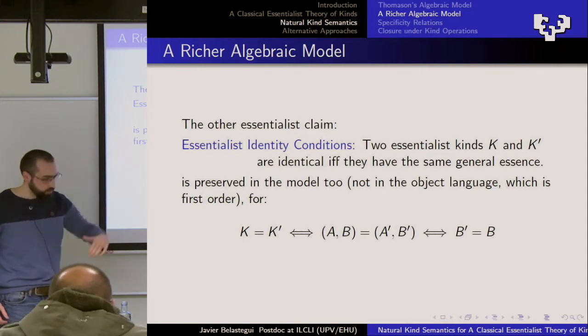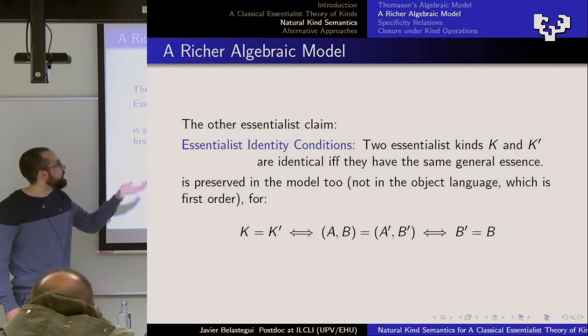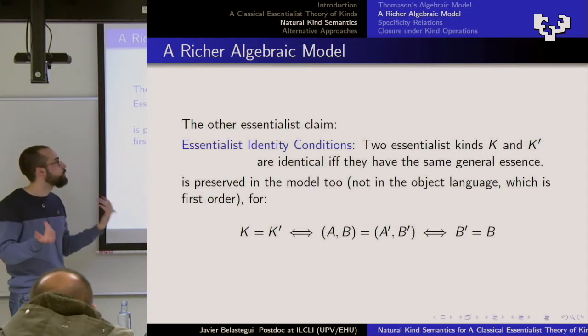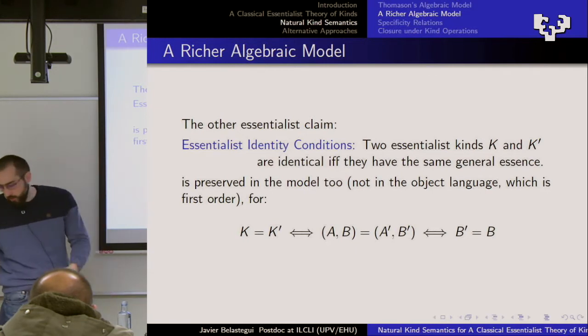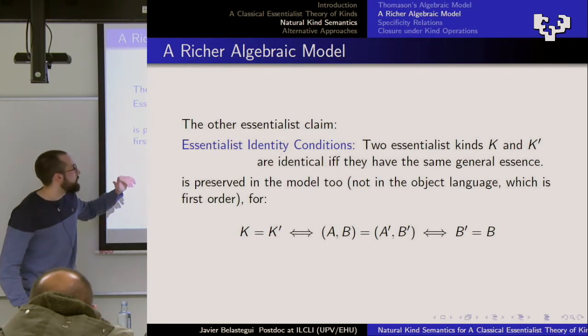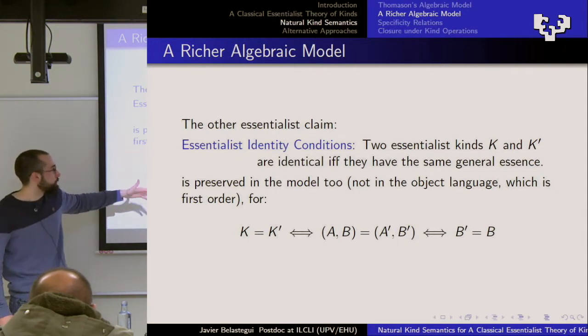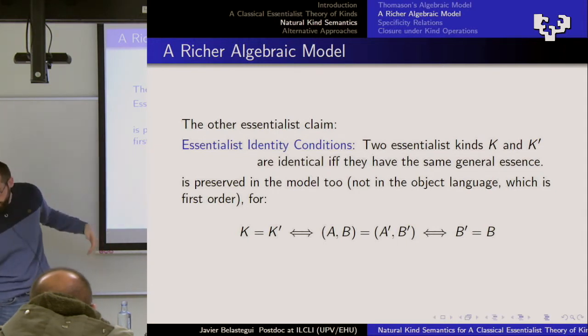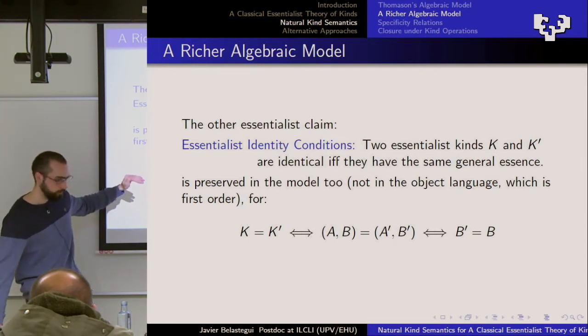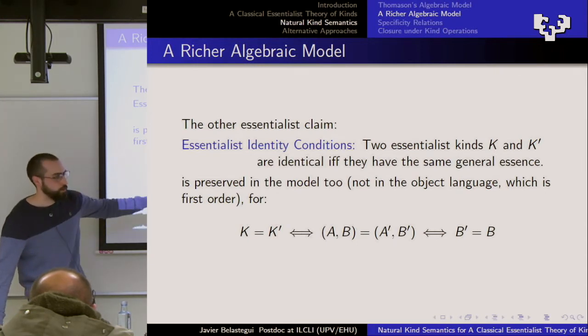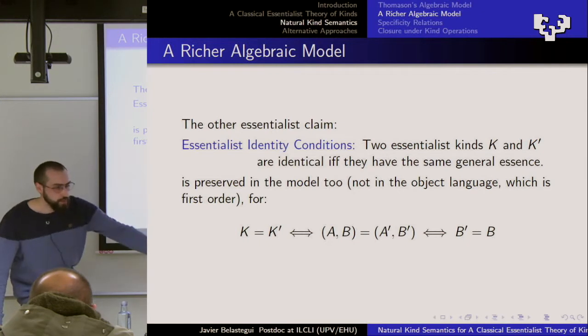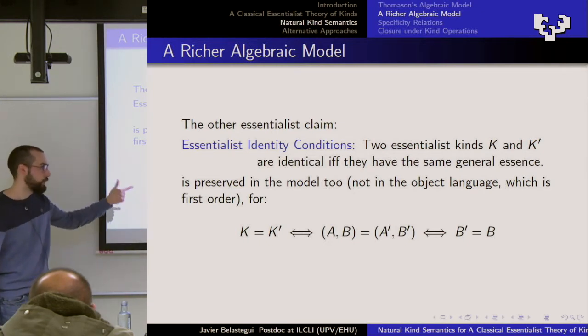And we can also preserve essentialist identity conditions, so under which conditions two kinds are identical, which is not something that I can formulate in the object language because I'm not quantifying over kinds. So this is a metalinguistic claim. But natural kind terms that denote kinds with the same essence will be denoting the same kind.